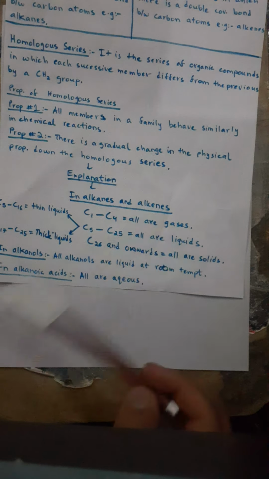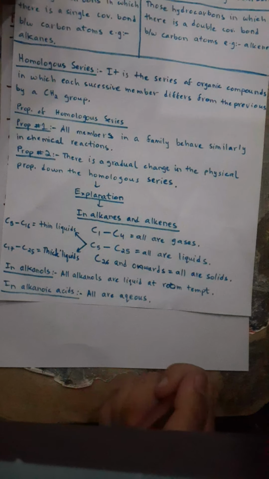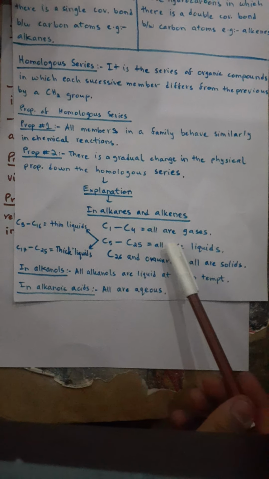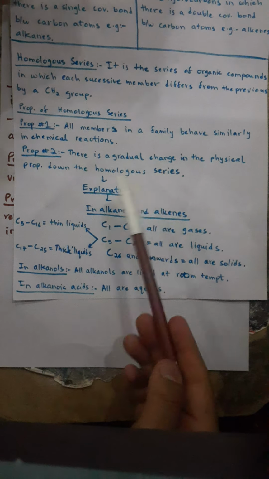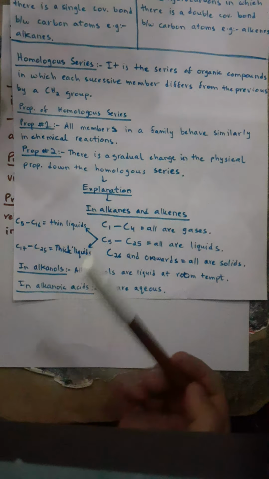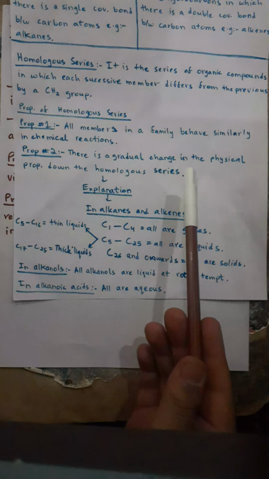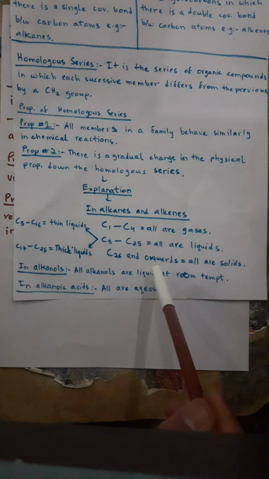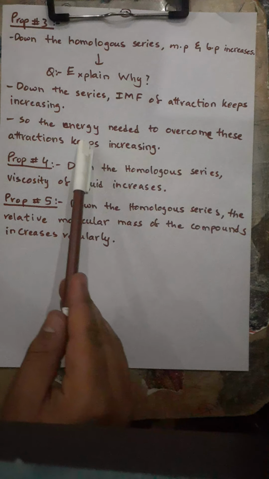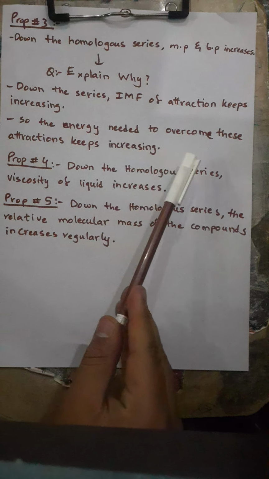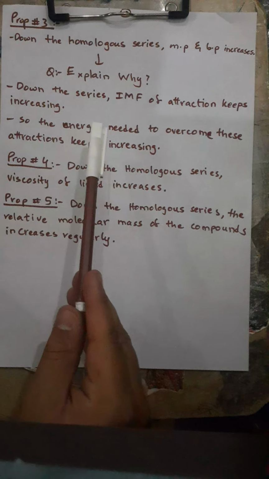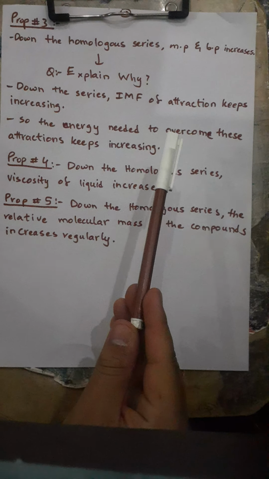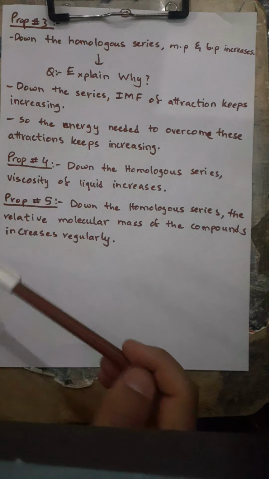As you know, the intermolecular forces of attraction in gases are easier to break than in liquids, which are then further easier to break than in solids. So solids require the most energy to overcome these intermolecular forces of attraction. As a result, melting point and boiling point increase down the homologous series.